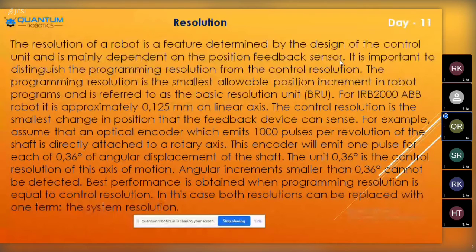And it is important to distinguish the programming resolution from the control resolution.